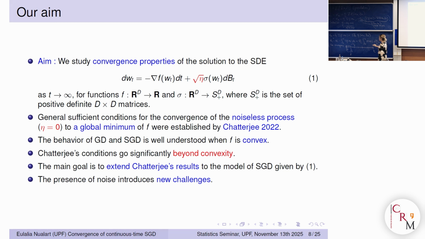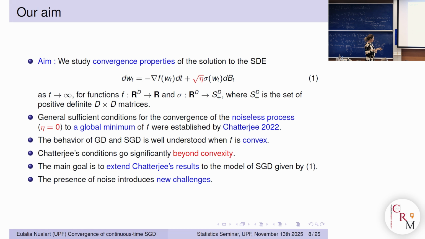And now keeping this eta as being just the amount of variance of the noise that you put. Now there is no more step size because we are now in continuous time. So you can see this as an approximation of the stochastic gradient descent algorithm, and this is the object that we started with.